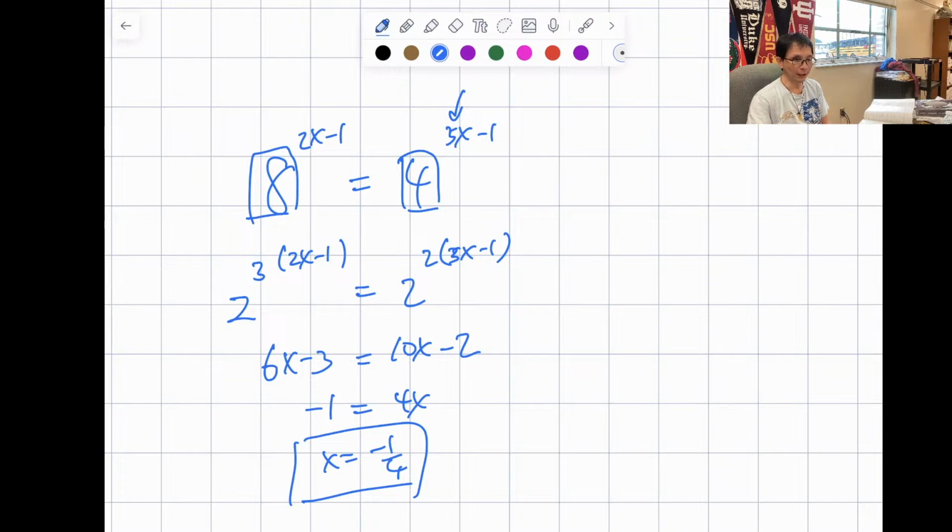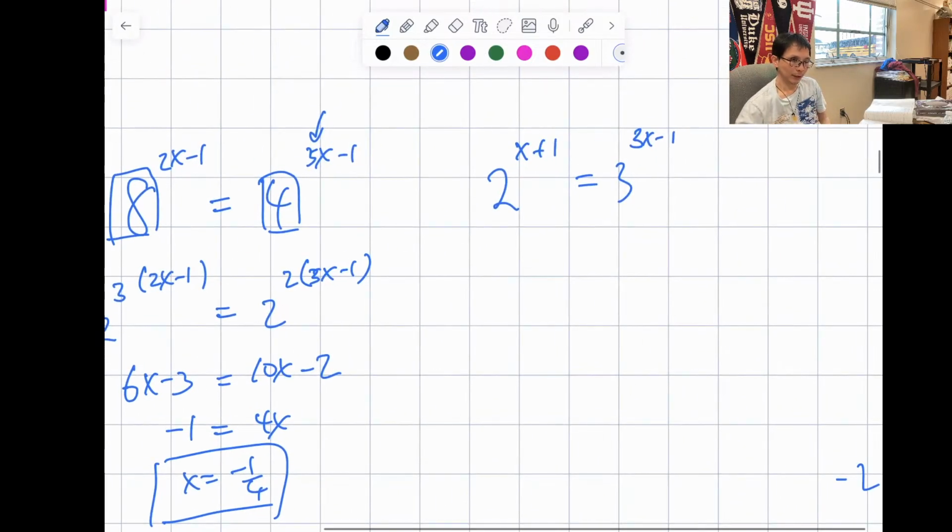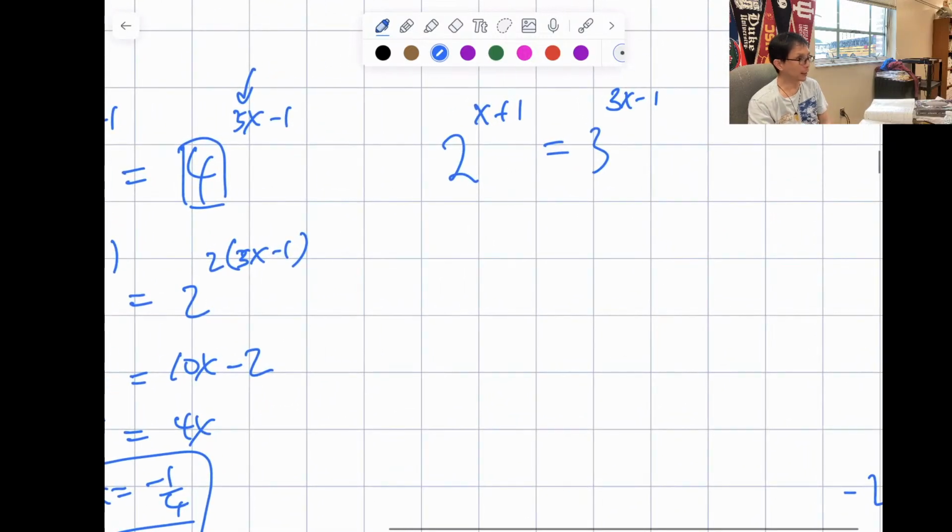But what if they don't have a common base? Let's say 3x minus 1 here. Let's say we don't have a common base. This one will be the hardest question that you're going to have today. So you don't have a common base.